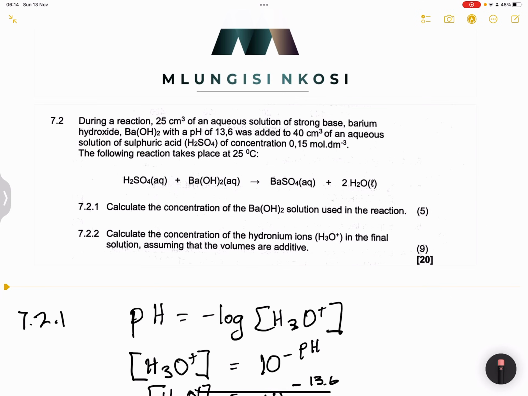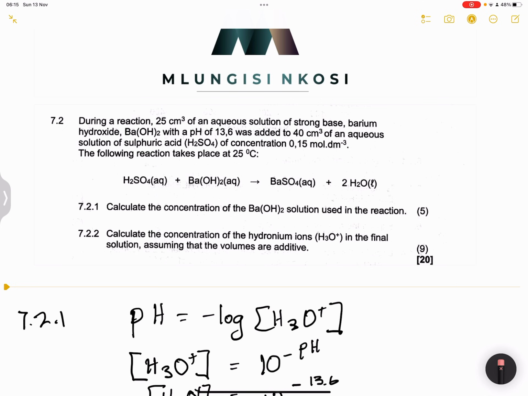They take the barium hydroxide and mix it with sulfuric acid, as the question suggests. They want to know the concentration of the hydronium ion, so they are assuming that the sulfuric acid will be in excess.